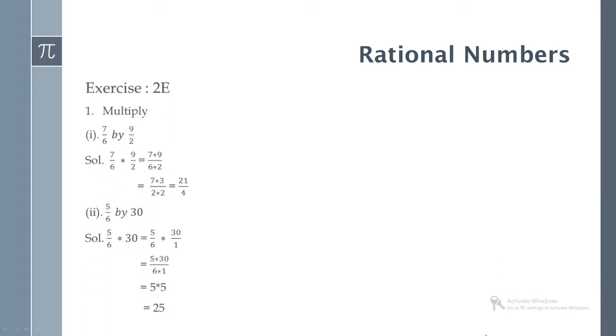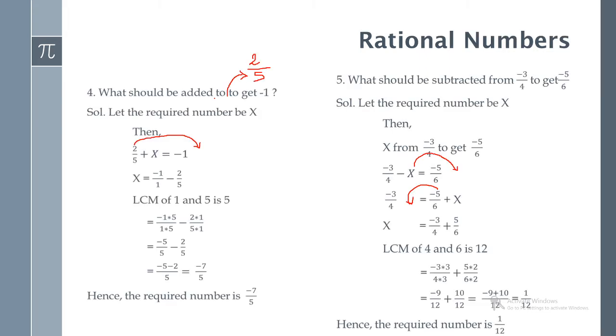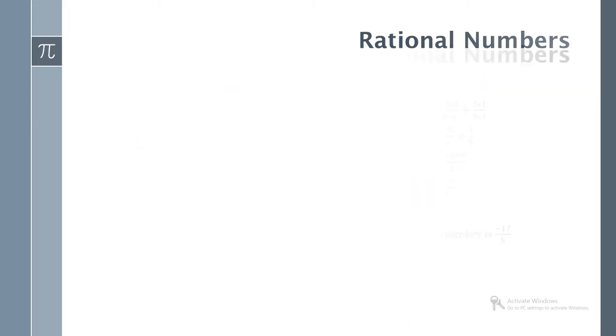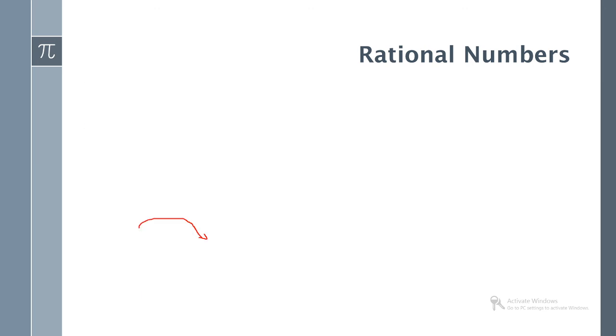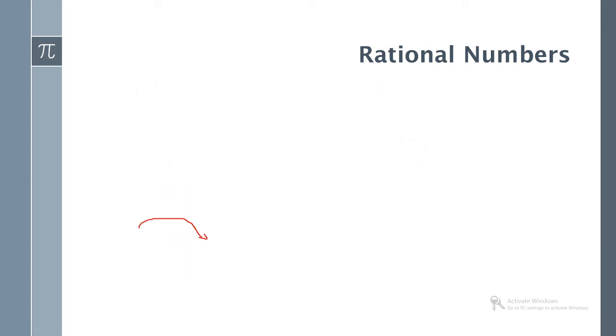Now coming to the next exercise, exercise 2E. In the previous sums, when you compare, see here, it is "from", which means it is a subtraction. A simple trick, that's it.